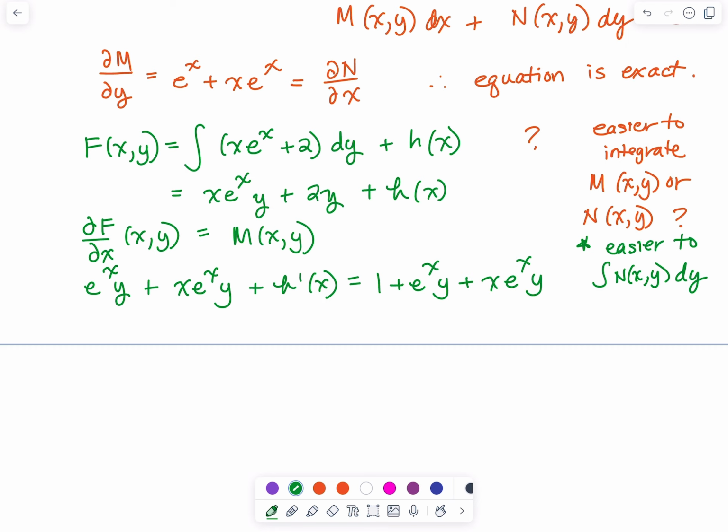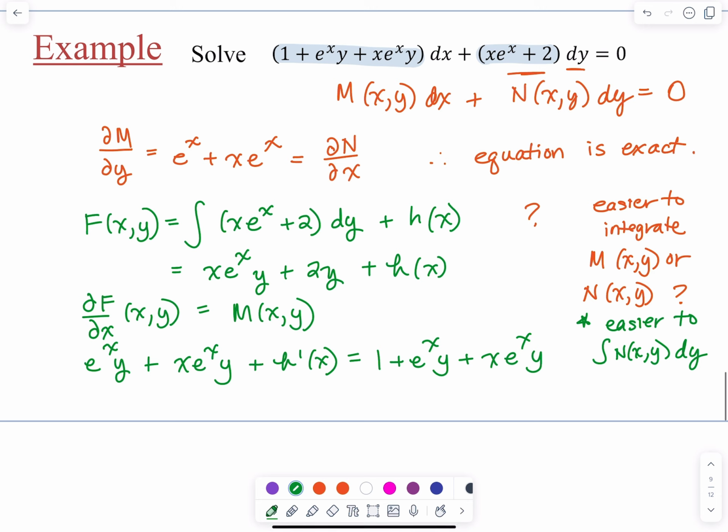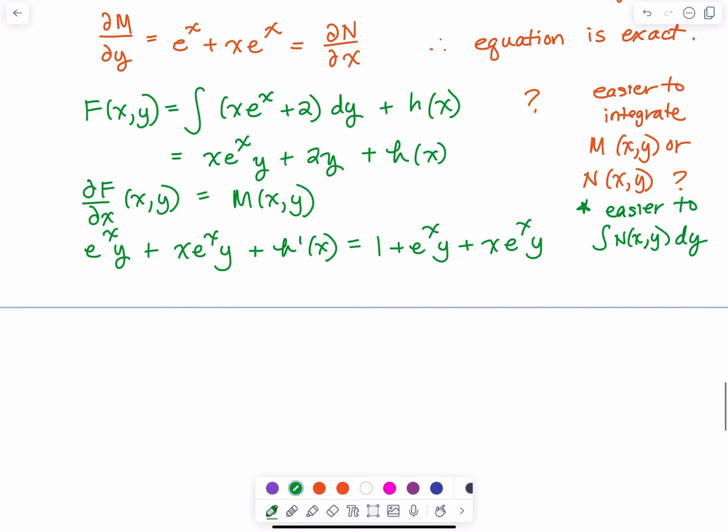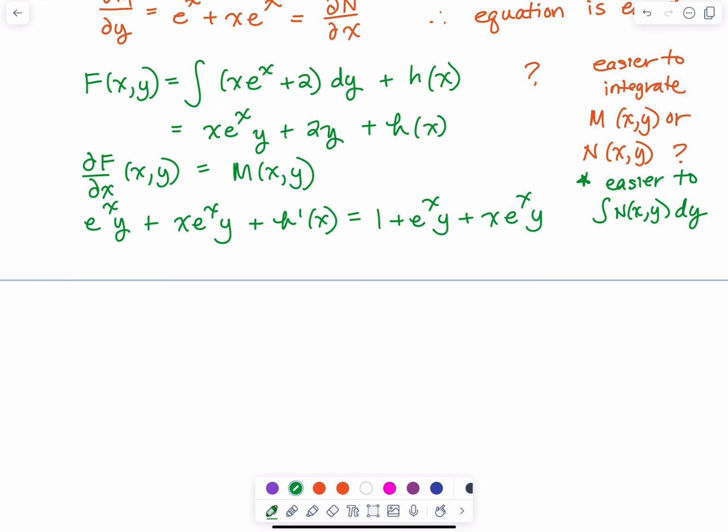You can see that right here, this is M, and this is N. So now you can see clearly that h prime of x is equal to 1. So h(x) is going to be equal to x.